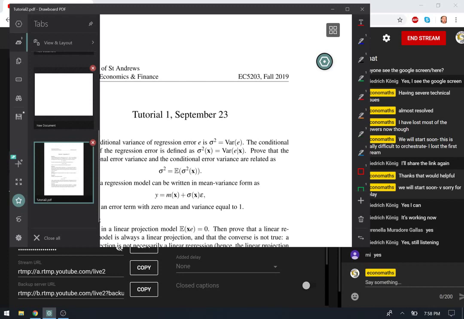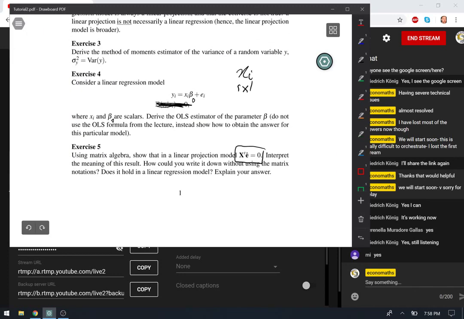It's asking us, using matrix algebra, to show that in a linear projection model, this here is a sample linear projection model, so it's very similar to the population one. Well, you just evaluate this at the sample projection vector as opposed to the population one. Interpret the meaning. Well, the meaning is that this is the first order condition for OLS in the general vector case.